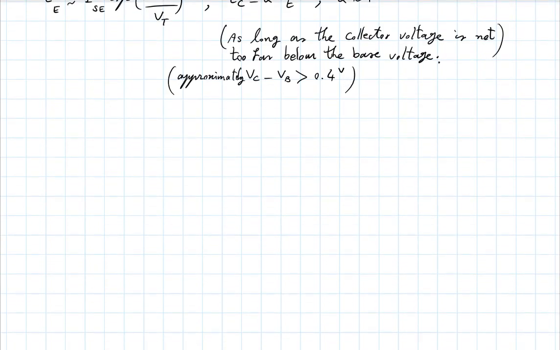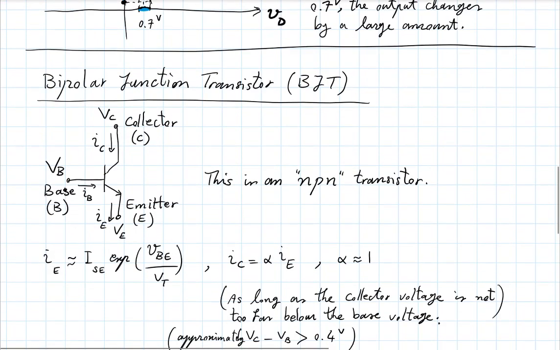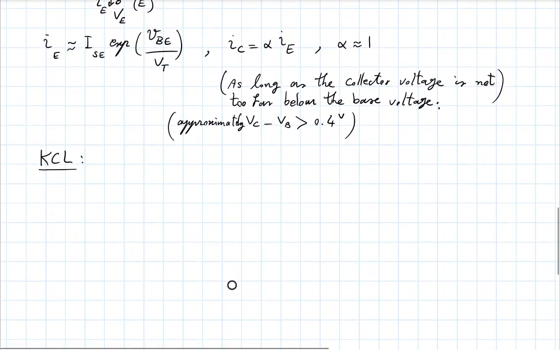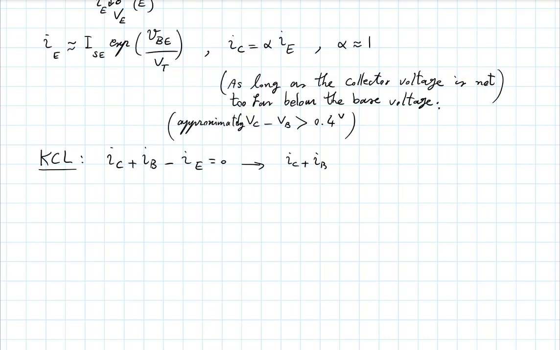So if you apply KCL, you have IC and IB going in and IE leaving, right? So IC plus IB minus IE equals 0. Okay? Or written another way, IC plus IB is equal to IE.